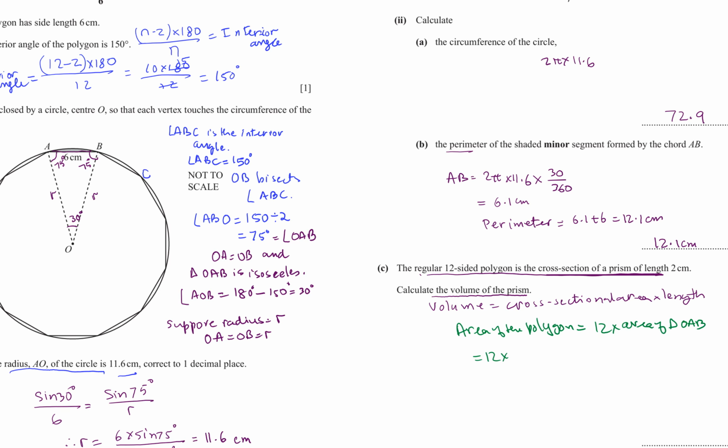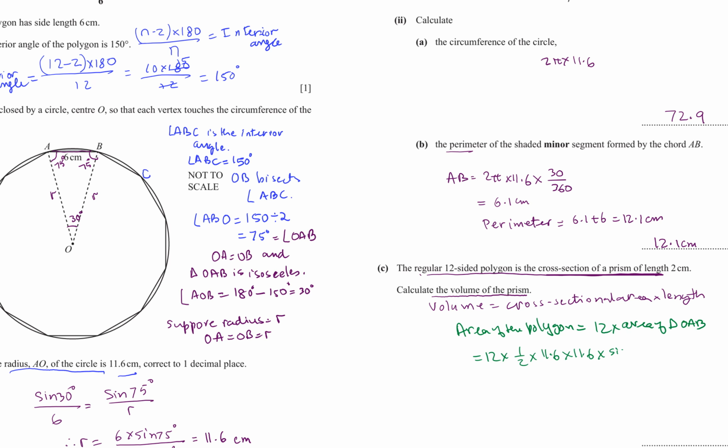So we can use the sine formula for area, half bc sine A. So half times the sides, which are the radius, 11.6 times 11.6 times sine of 30 degrees.